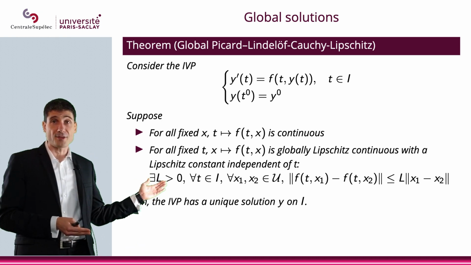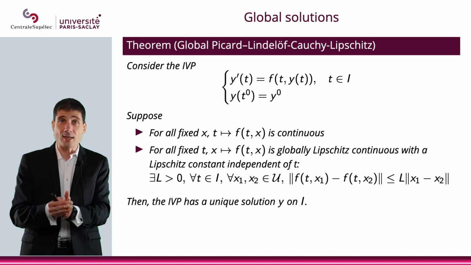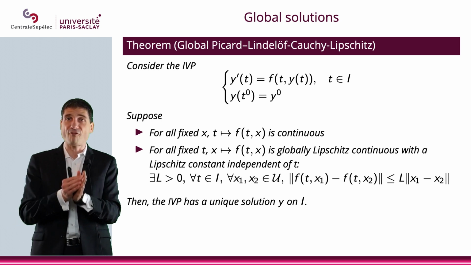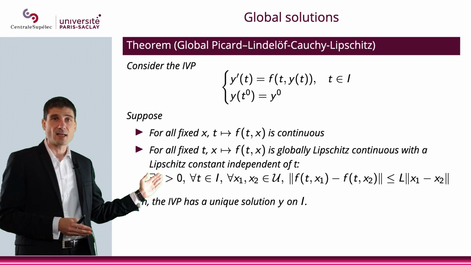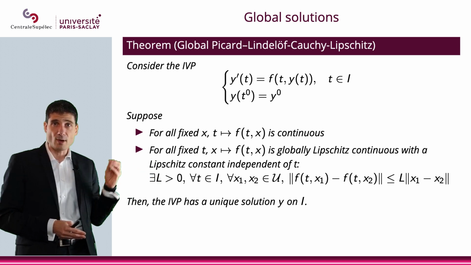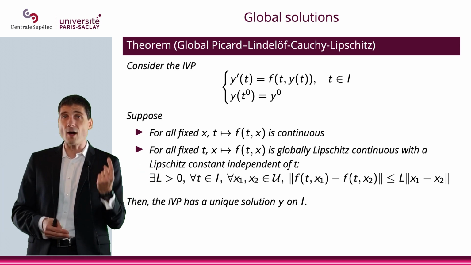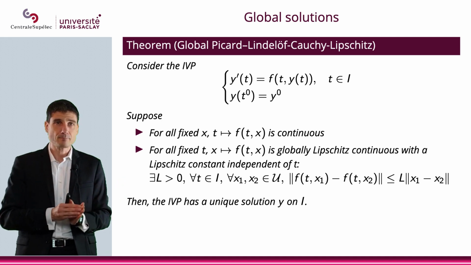First hypothesis, we need to have a continuity of the function. And again, it's continuity with respect to the first variable, which means that t gives f(t, x). Here, x is a parameter, and we have a function of the one variable t.